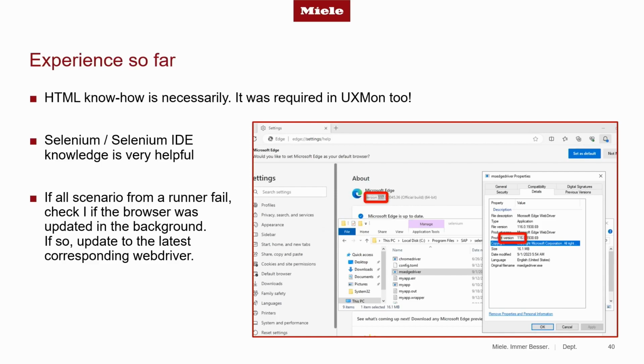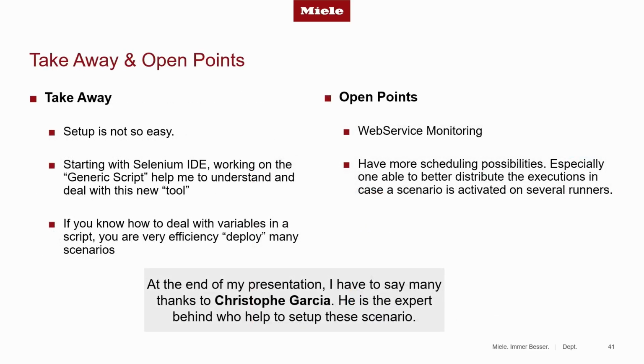In discussion with Christoph, he said he is working on how to deal with that in the solution, because when this happens in the background and you don't take care of it, all these scripts fail, and you get an alert which you never like to see, because it's not a problem with the application, it's a problem with your infrastructure. I think that's really important.